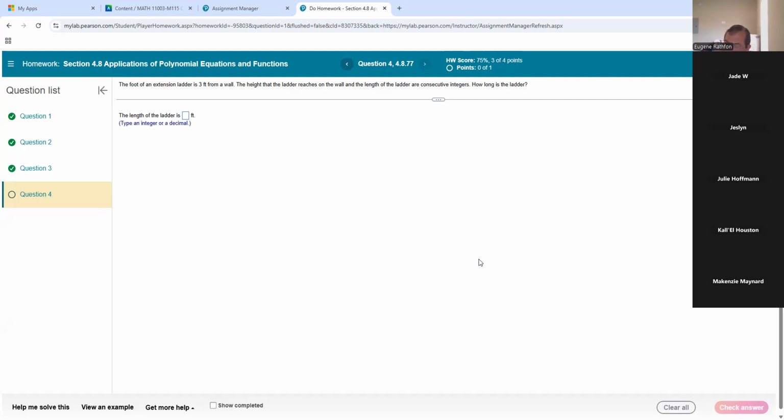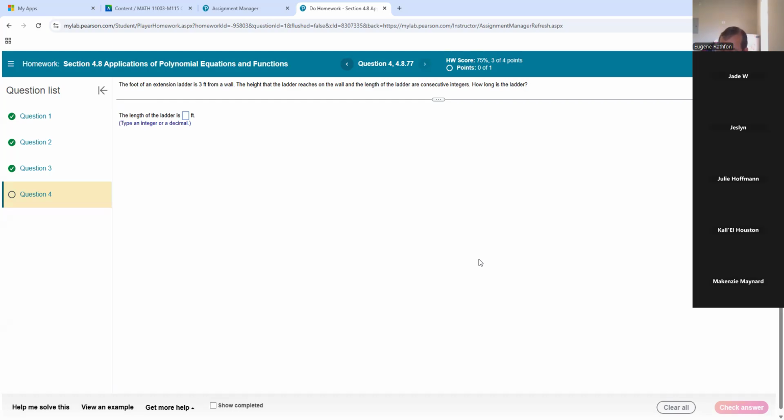So y'all look at this one. The foot of a ladder is 3 feet from a wall. Then it says the height the ladder reaches on the wall and the length of the ladder are consecutive integers.